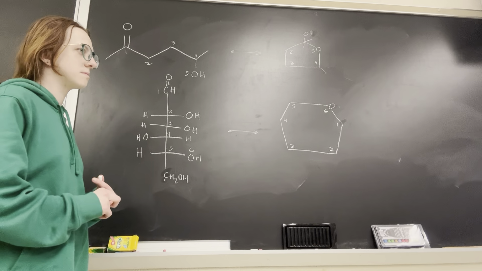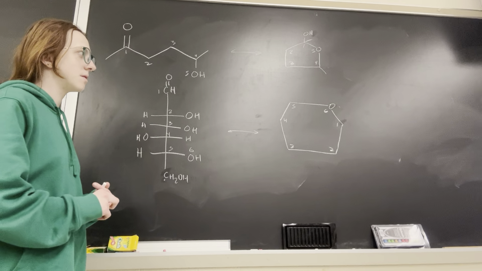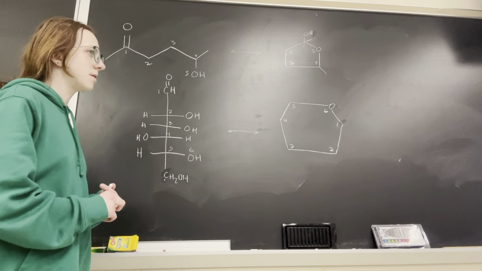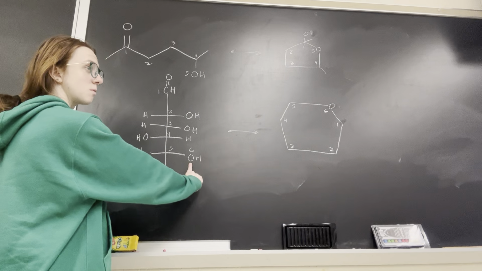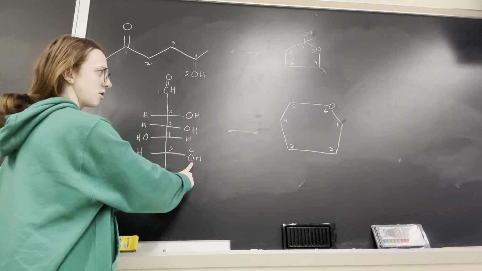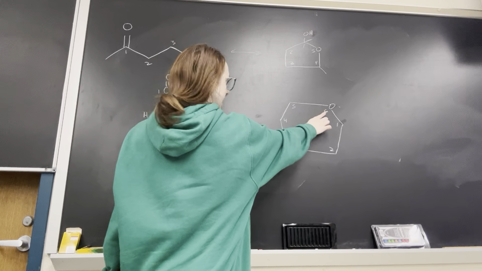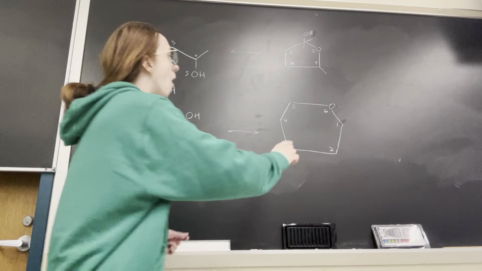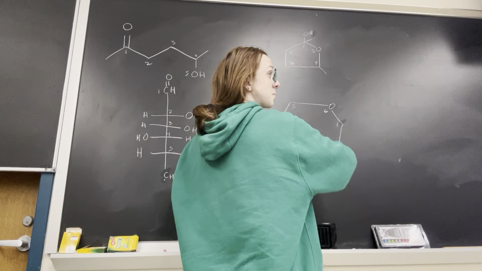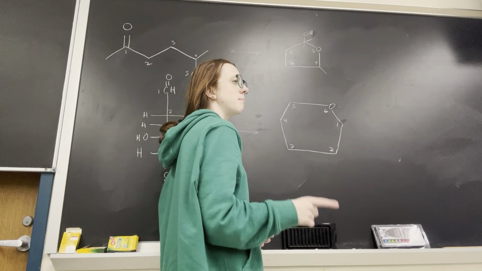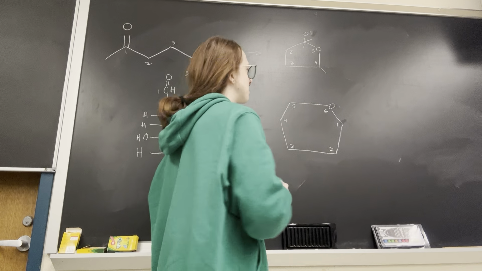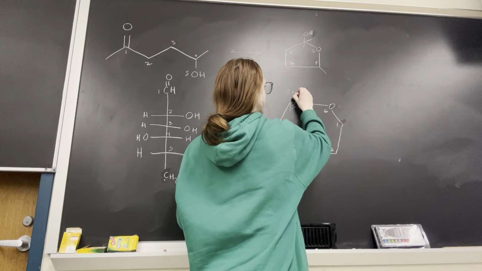Is it important which way you number? As in, if it was the opposite, like 1, 2, 3. Oh, no. As long as this is 6 or 1. If you start 1 down here, it's going to impact where the CH2OH is.